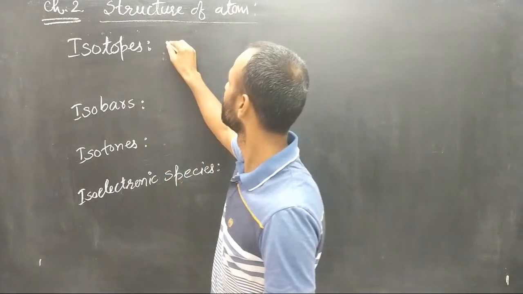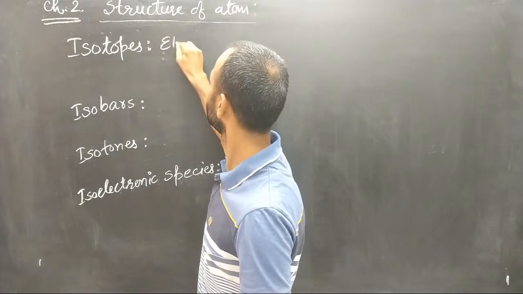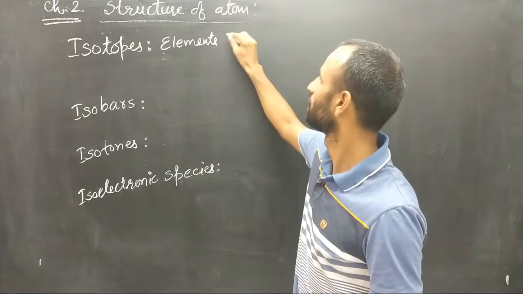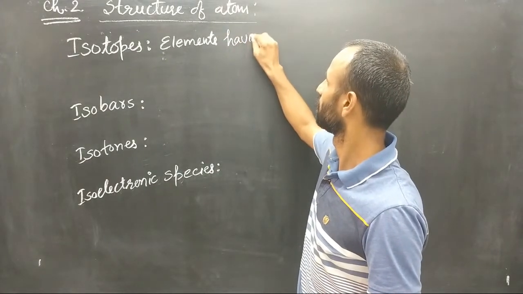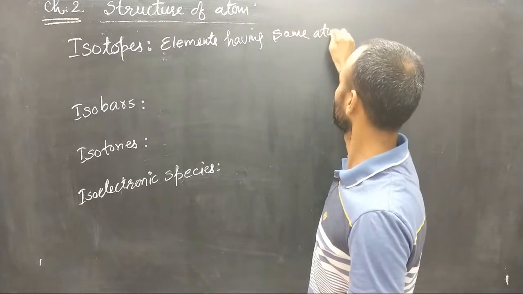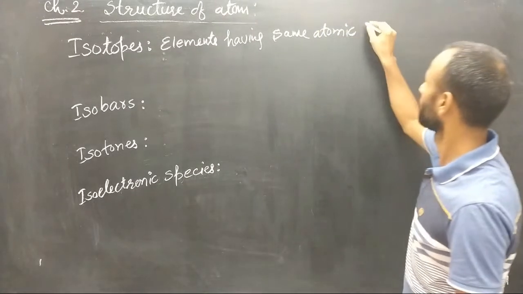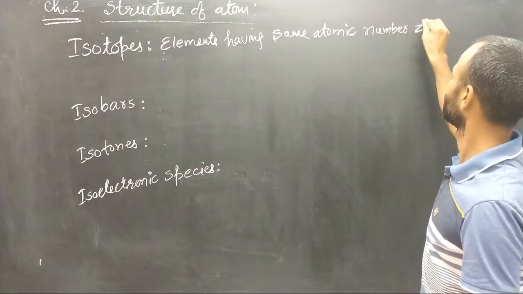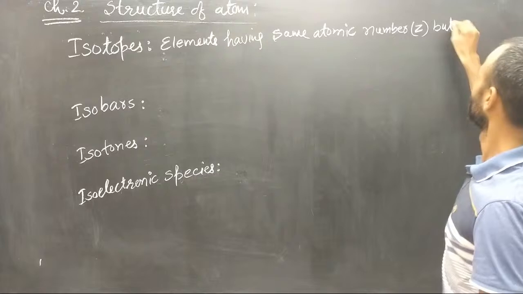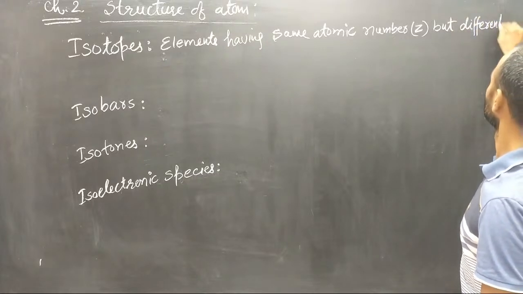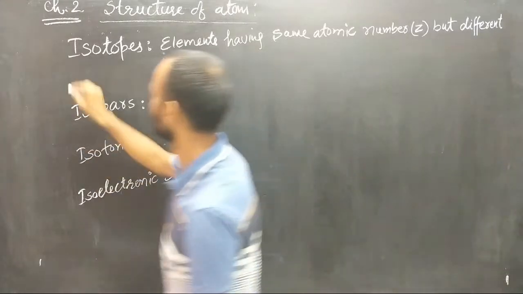Isotopes are elements with the same atomic number but different mass number.